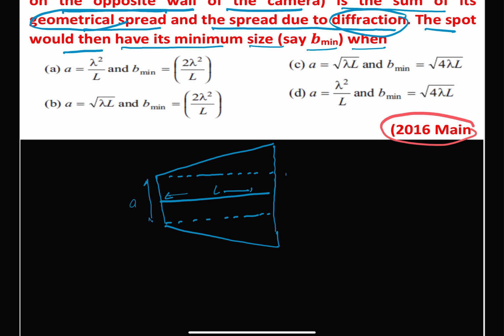And obviously this will be our A, and this will be our L lambda by A. So it is on both sides. And we are given that the total spread, okay, I think radius is given as A. Yeah, radius is given as A. Let me correct it. So the radius is given as A.